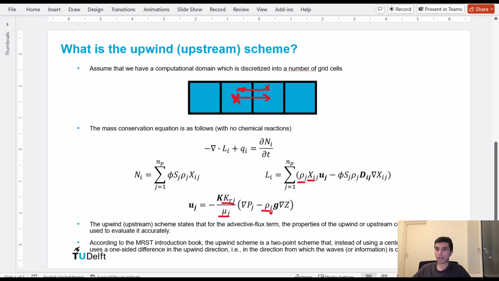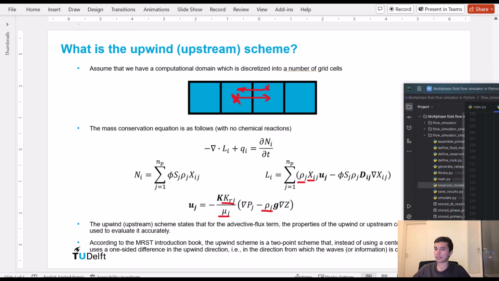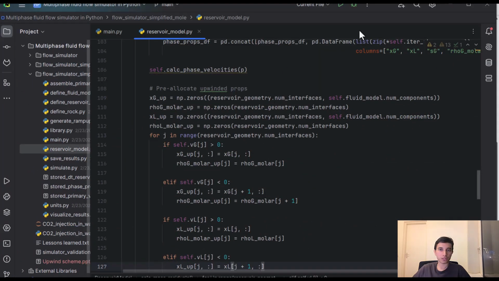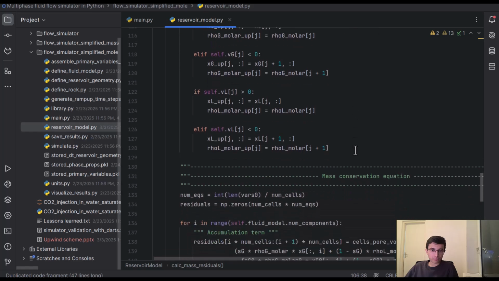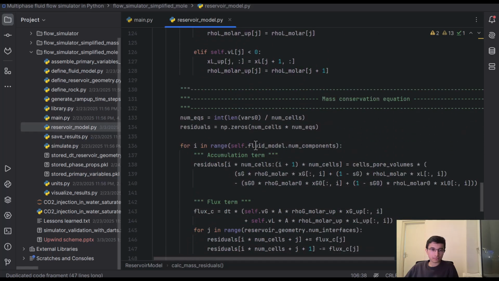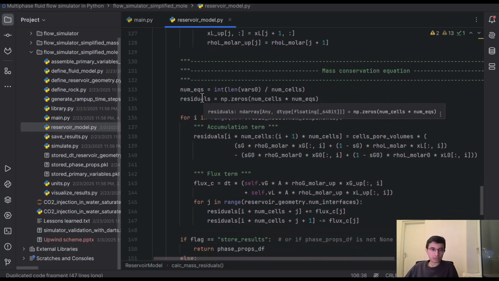All right, so now let me show you how this Upwind scheme is implemented in the compositional simulator that we developed. All right, so here we have the residuals, which are actually the residuals of mass conservation equations.